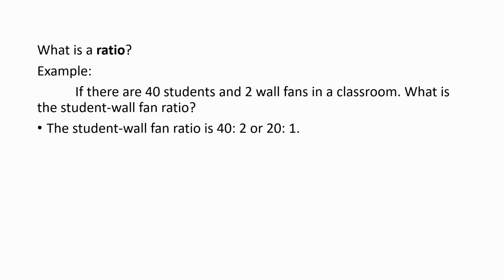We get the greatest common factor of 40 and 2, which is 2. So 40 divided by 2 is 20, and 2 divided by 2 is equal to 1. So the student wall fan ratio is 40:2 or 20:1.